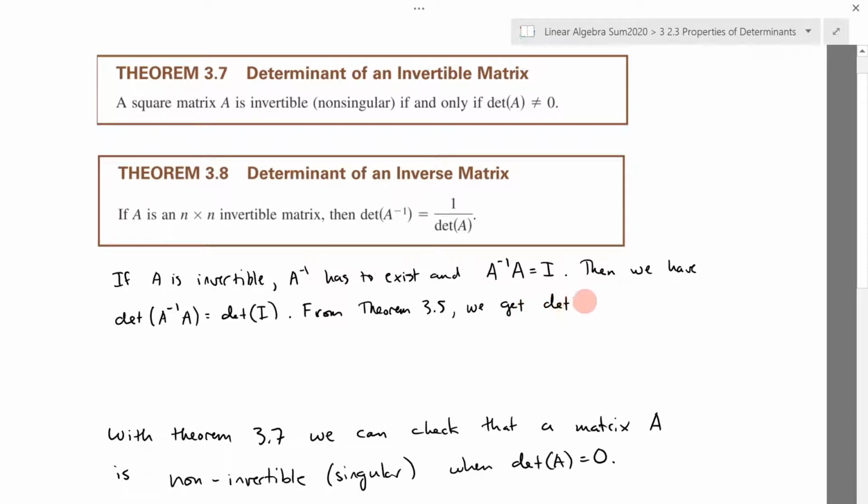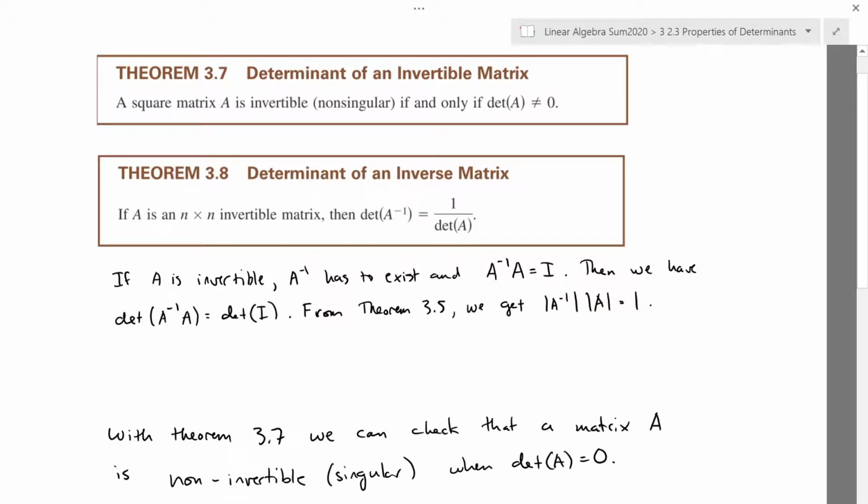So let me write it using the vertical bars. The determinant of A inverse A is equal to 1, because the determinant of the identity matrix is just 1, because the identity matrix has all 1s on the diagonal, and 1 times 1 times 1 is just 1. Okay, so now we get this equation involving the determinants. So the product of the determinant of A inverse with the determinant of A has to be equal to 1.